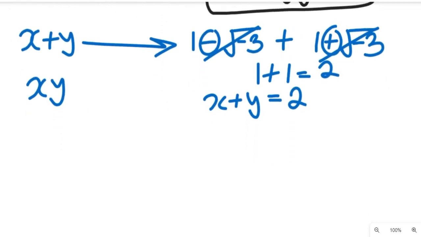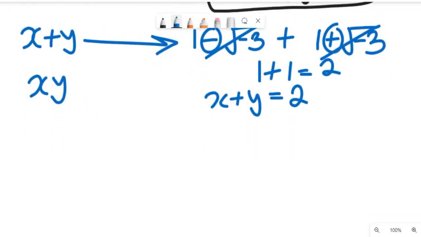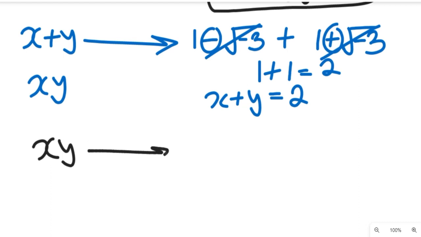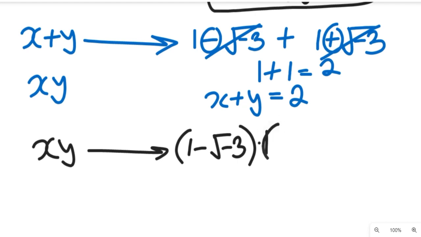Now, on the other hand, we want to look for the value of x times y. For x times y, we have 1 minus the square root of minus 3, multiplied by 1 plus the square root of minus 3.